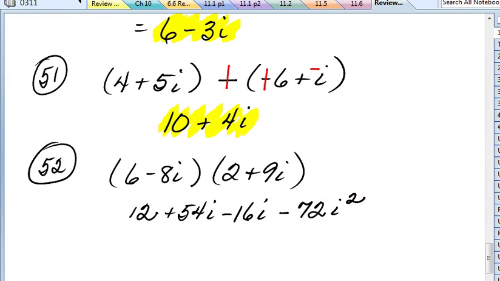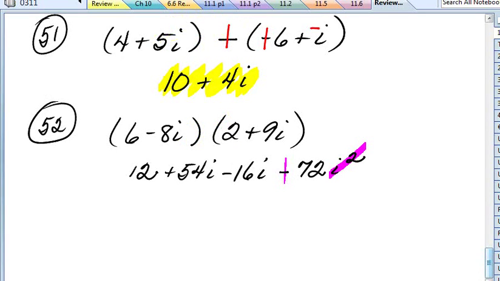But do you remember what i squared is equal to? Negative 1. So I can get rid of the i squared, but it always changes the sign of the term it belonged to. So I have 12 plus 72, which gives me 84. And then for the imaginaries, I have 54 minus 16, which is how much? 38i.